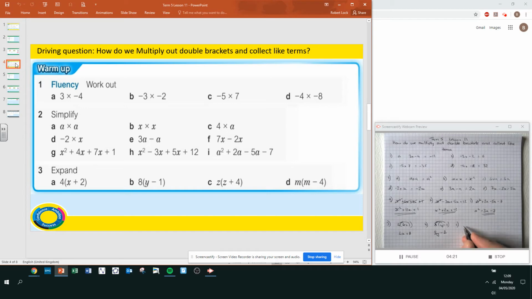C. z bracket z plus 4. z times z is z squared, and z times 4 is 4z, so z squared plus 4z. D. m bracket m minus 4. m times m is m squared. m times minus 4 is minus 4m.